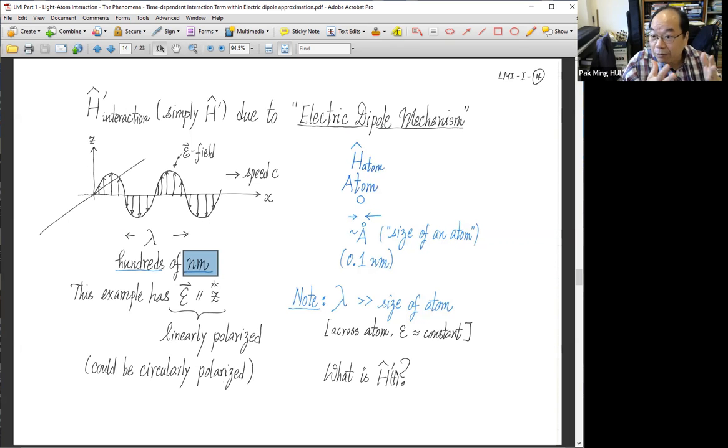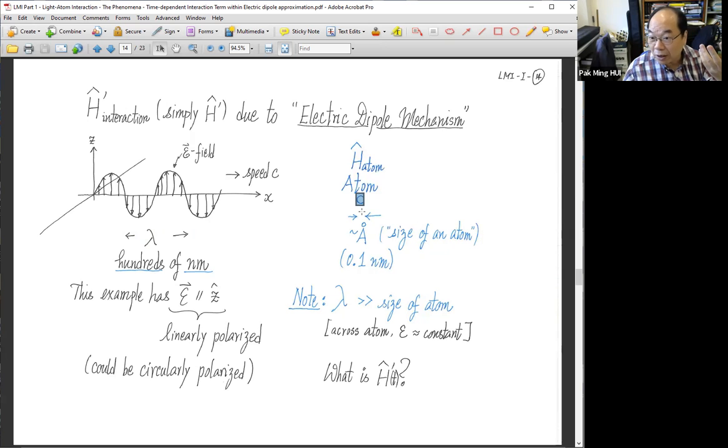So that is the wavelength in the visible region, typical of light absorption by atoms. The point is that the wavelength is much longer than the size of an atom. What is the size of an atom? So if you solve the hydrogen atom, there's only one length, the Bohr radius. Even bigger atoms, more or less the same size.